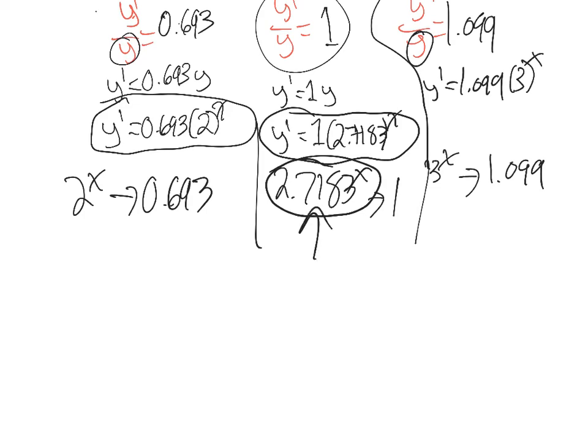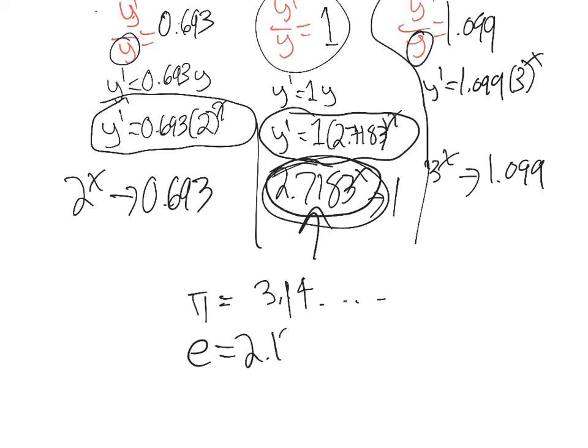This 2.7183 is actually not just 2.7183. It's a number just like pi. You know how pi is 3.14, but then there's an infinite number of digits. Well, this number here is a special number called e, Euler's number. It's 2.7183 and so on, forever.